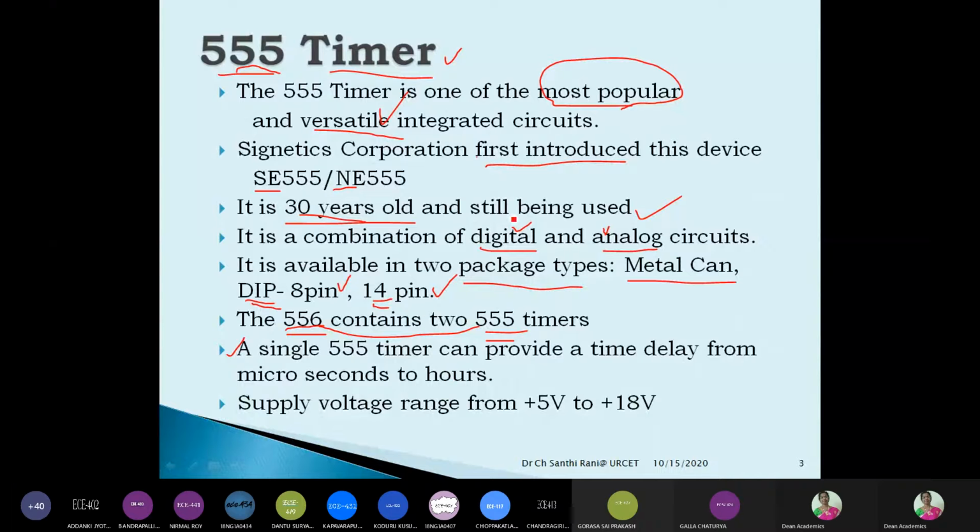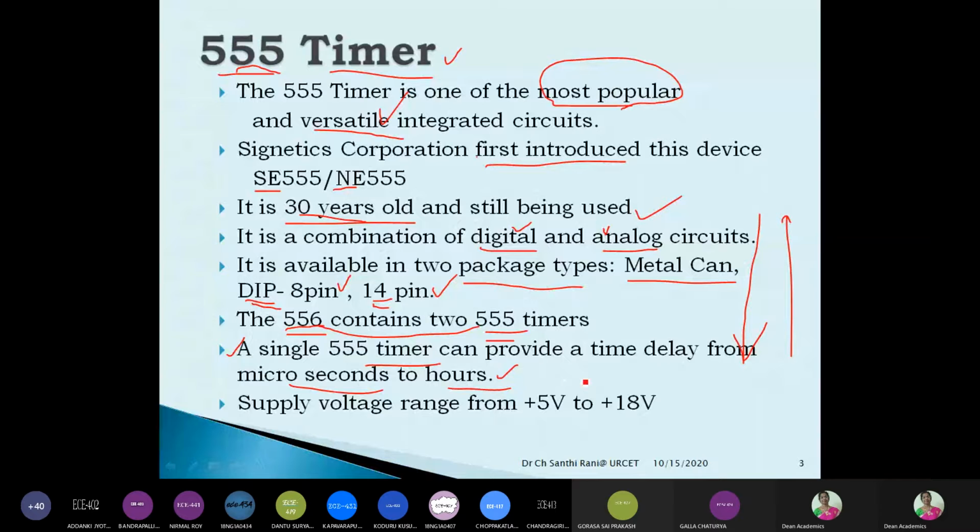Whether you go from a low value to a high value, 0 to 1000 you can count, or 1000 to 0 you can count down, count up or count down, anything you can do, right? This 555 timer can provide a time delay from microseconds to a few hours, right?